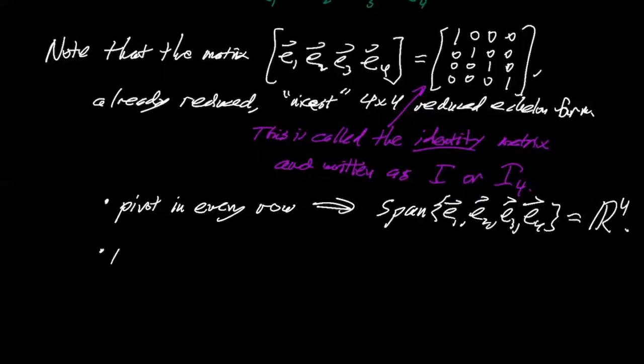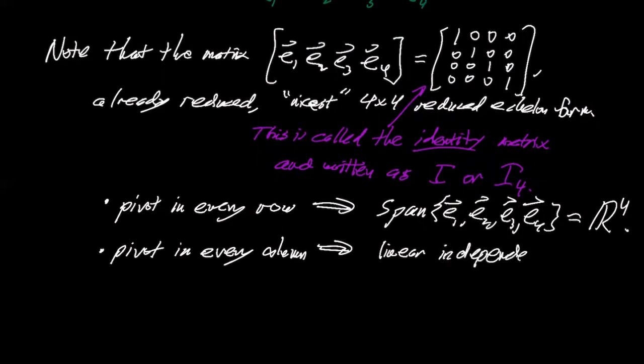And the pivot in every column means that the vectors are linearly independent, which is also pretty obvious, since there's no way any of them could be a linear combination of the others. So a pivot in every column implies linear independence.